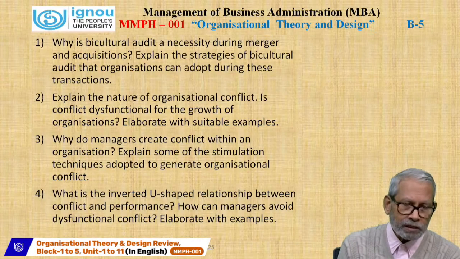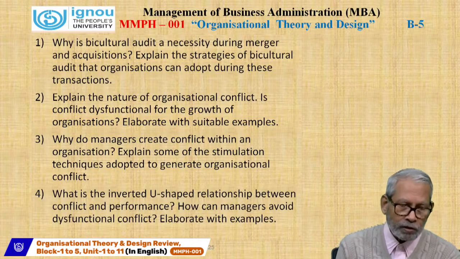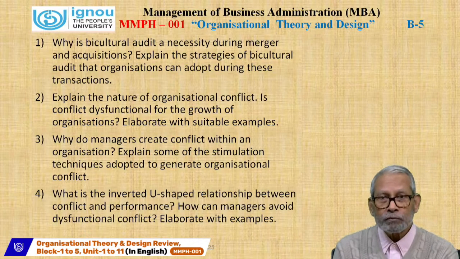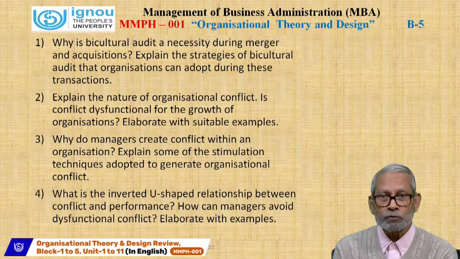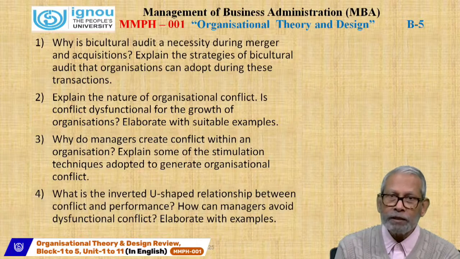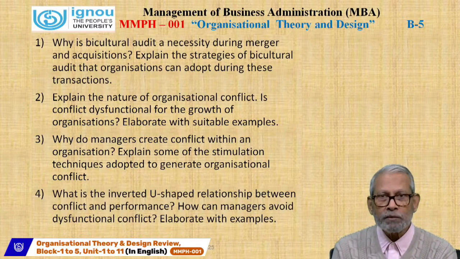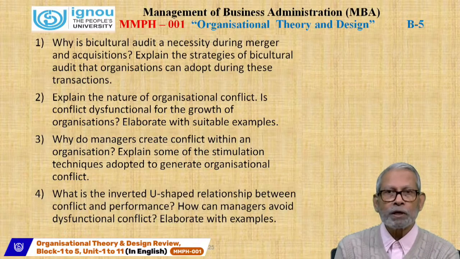And then, what is the inverted U-shaped relationship between conflict and performance? As you know, if the conflict is at certain levels, it will hamper your product performance also. So it should be in the same direction, the same line. Mindset should be in the same line, and both should be aligned with the objectives of the company.